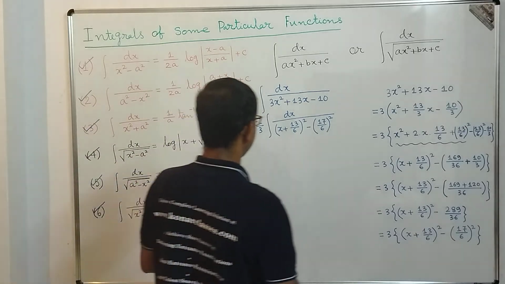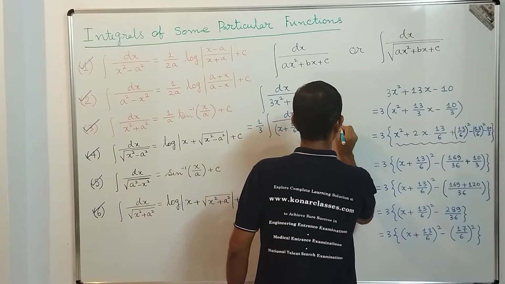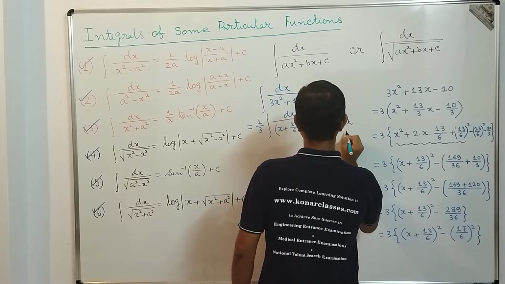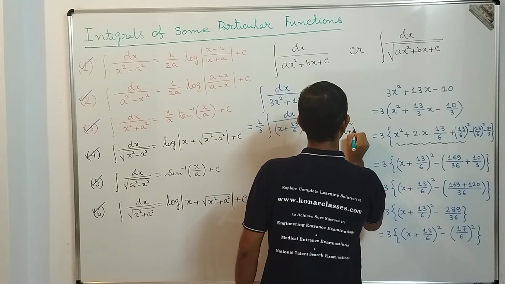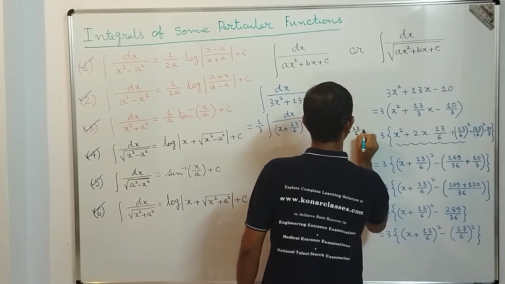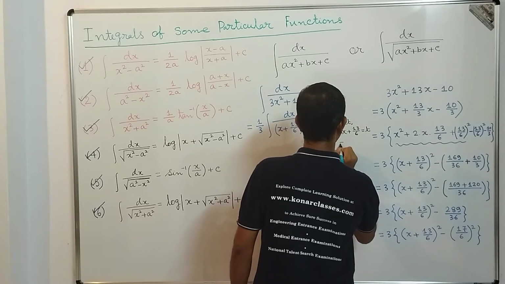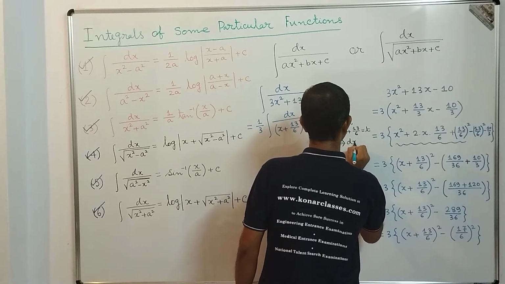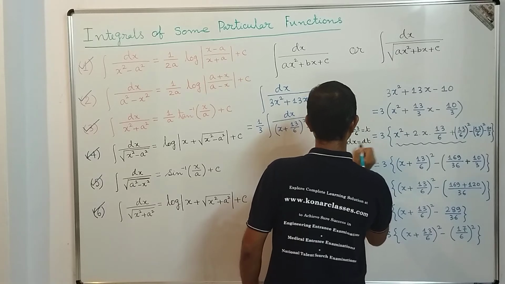What is the substitution you can do? Let x plus 13 by 6 be equal to t, so that gives us dx equal to dt.